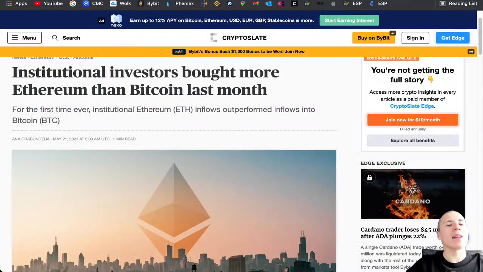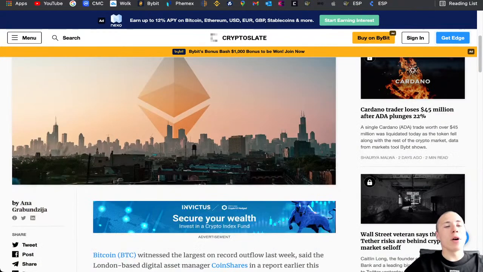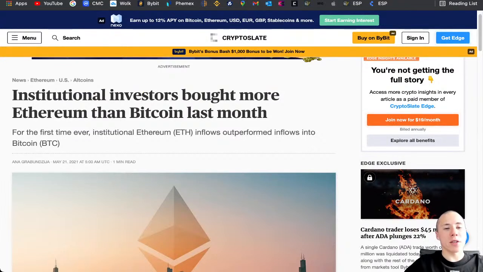And let's take a look at this news. I wanted to show you this because I think it's very interesting news about Ethereum and Bitcoin at the same time. So what we are seeing is institutional investors bought more Ethereum than Bitcoin last month. For the first time ever, institutional Ethereum inflows outperform inflows into Bitcoin.